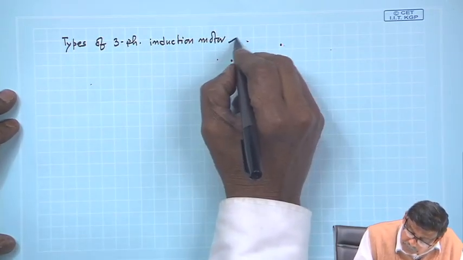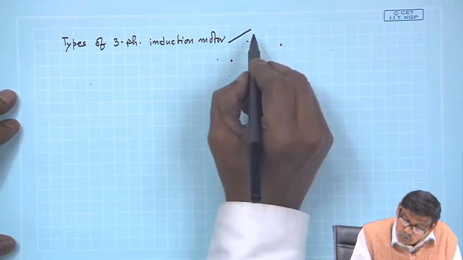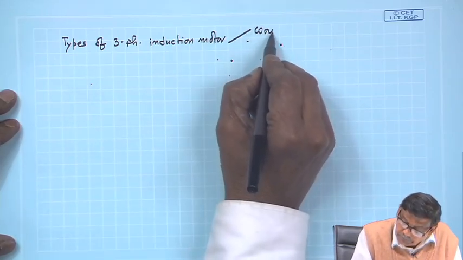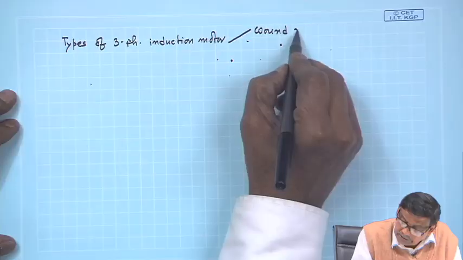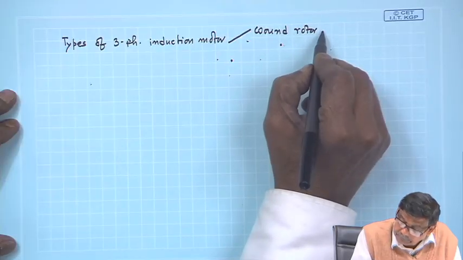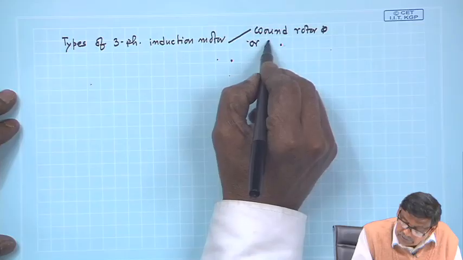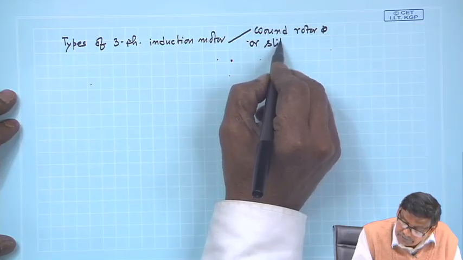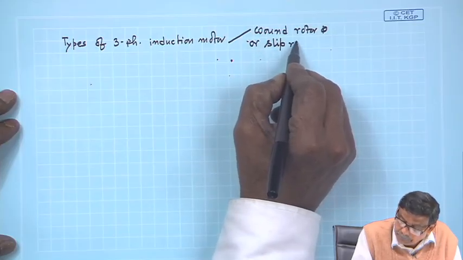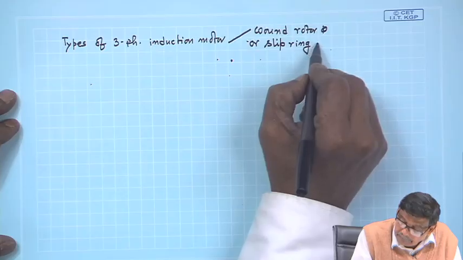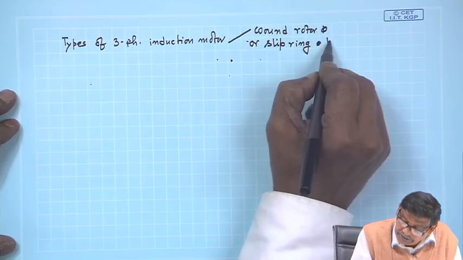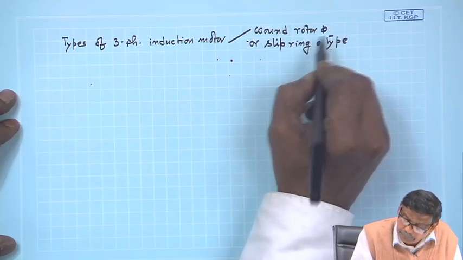One is called wound rotor induction motor, or this is also known by this name, slip ring induction motor, slip ring type, wound rotor or slip ring type.